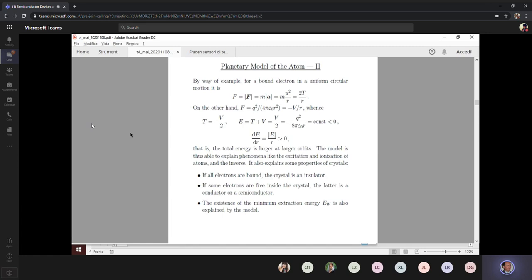And then we also can justify the existence of a minimum extraction energy that we call the barrier at the boundaries, okay, using this same model.